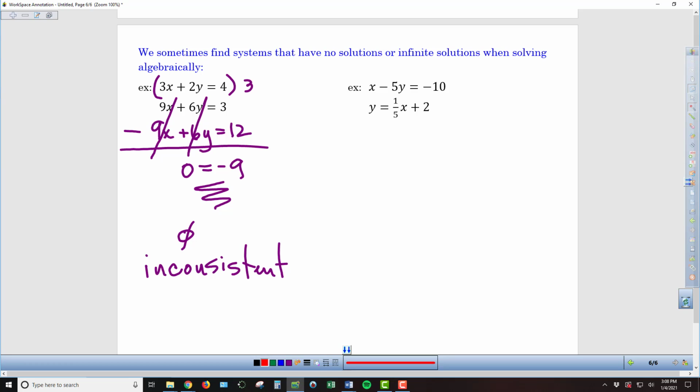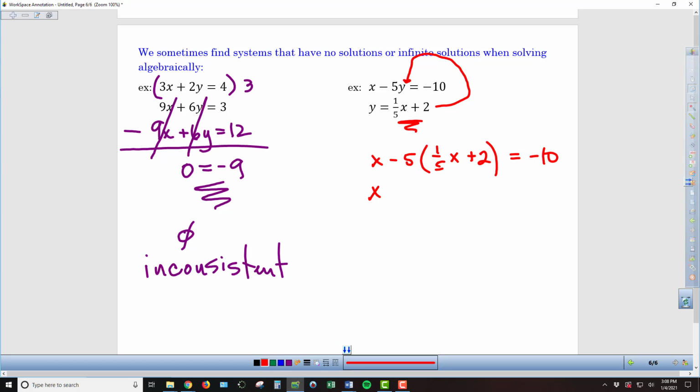In the second example, here we're set up for substitution. We've got y by itself in the second equation, so I'm going to drop that in here. So I've got x minus 5, and then in parentheses I'm going to put that 1/5 x plus 2 equals negative 10.